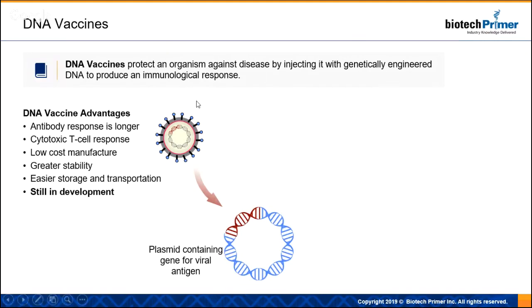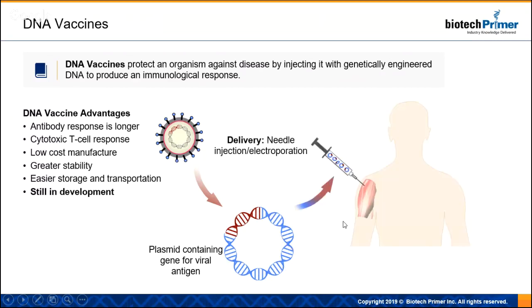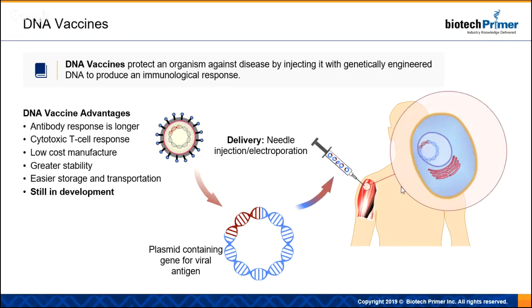So here we can isolate a gene from a virus, say, insert that into a plasmid, which is a vehicle for delivering foreign DNA to cells, and then inject that into a patient's muscle cells, again, similar to where we inject the flu vaccine normally. And then the idea is that the patient's muscle cells would take up that viral gene and make the associated viral protein, and then we would mount an immune response against that protein.